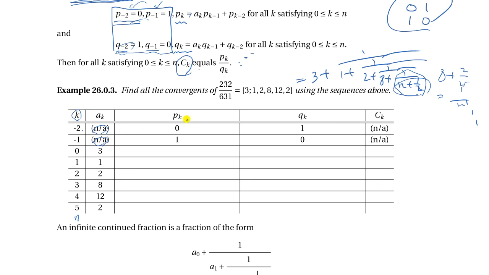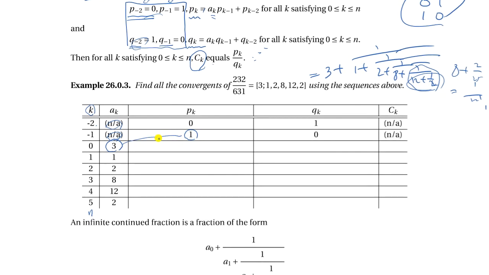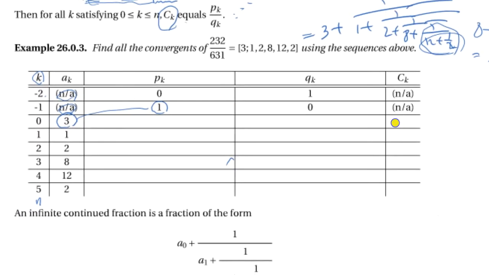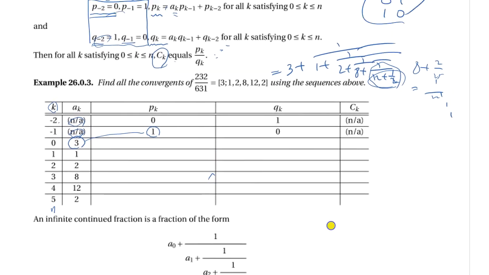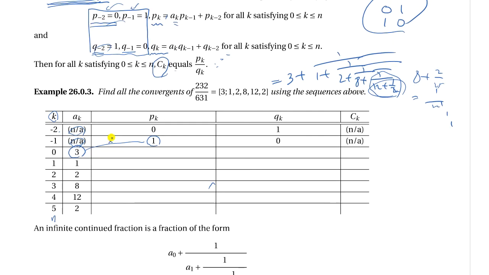So p sub k, right now it's p0, right? So p0 means a0, so use this one, times p sub k minus 1, just one before. So we need to multiply these two and add p sub k minus 1. Like that.